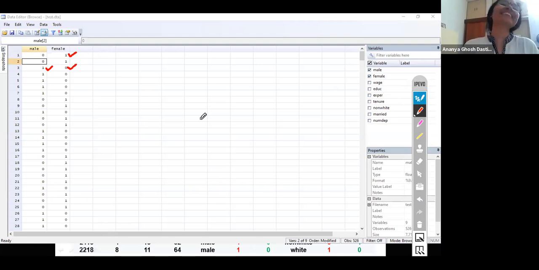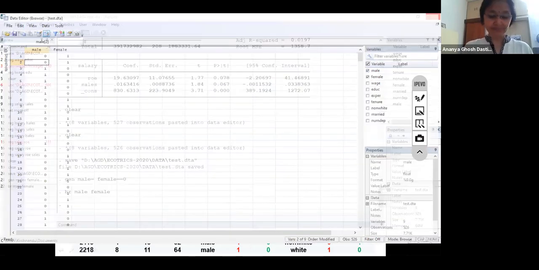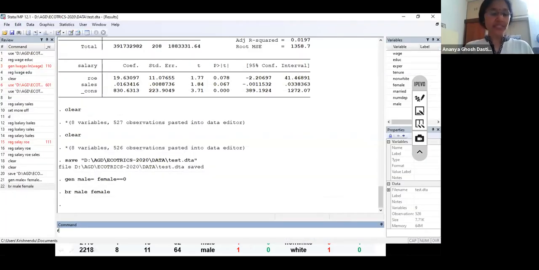Right. So I have 2 groups in my data, male and female, and I have 2 dummy variables, one called male and one called female. Now suppose I regress wage on both of them, male as well as female, and of course on education.